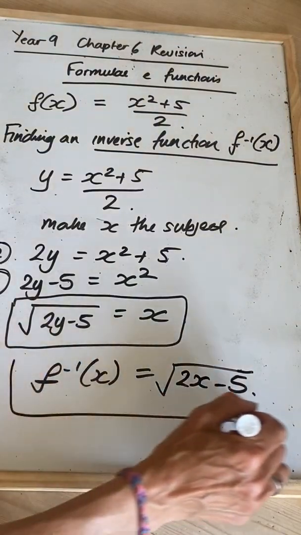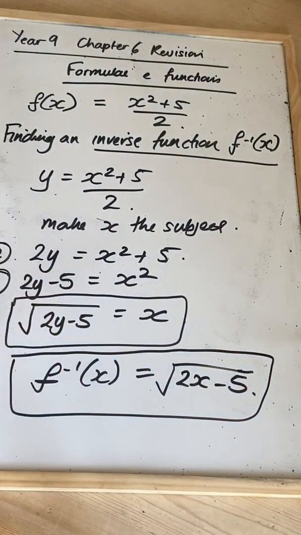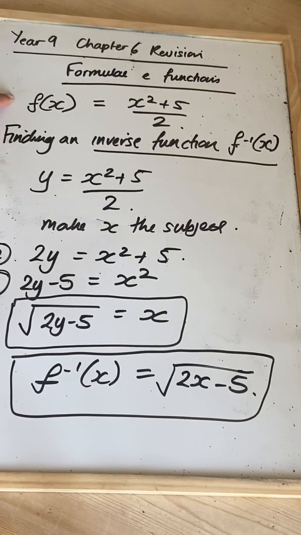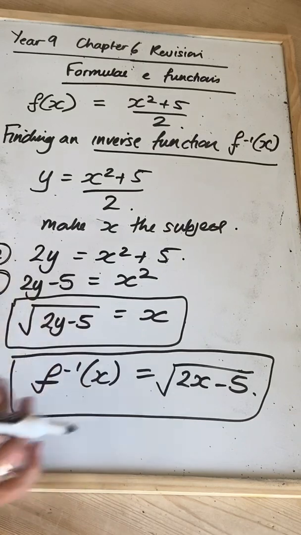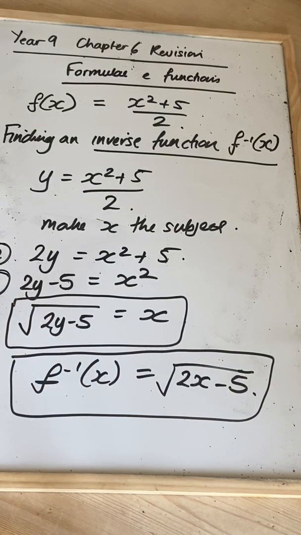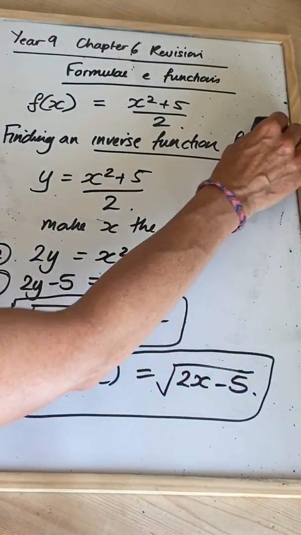Okay, and that is your inverse function. So the process is set y equal to your function and then make x the subject. Do the changing the subject of the formula work that we've just done, and that will give you your inverse function. Okay, so that's how you do an inverse function calculation.